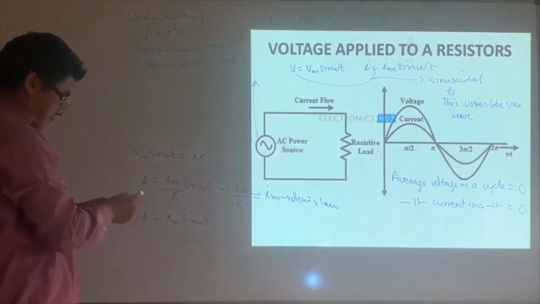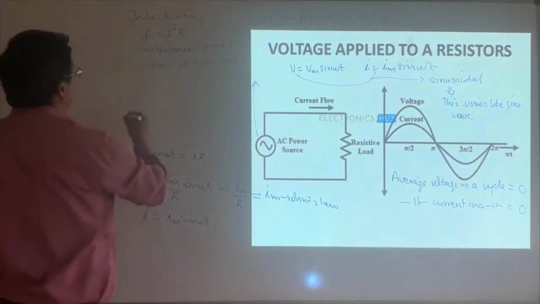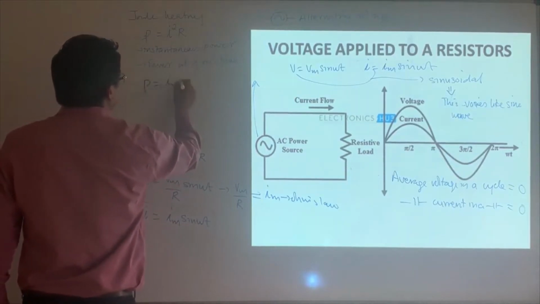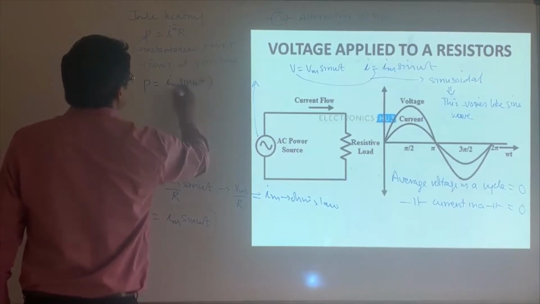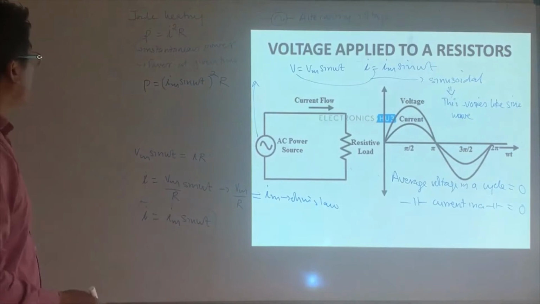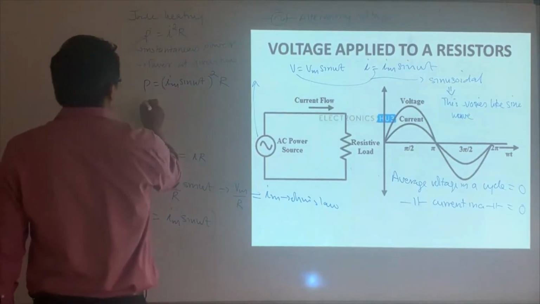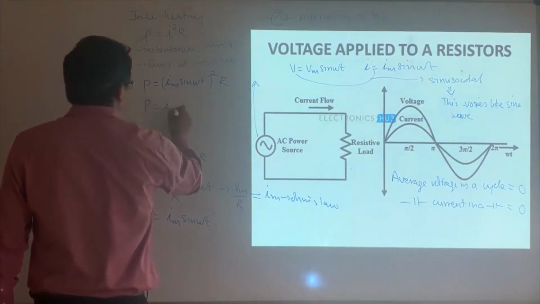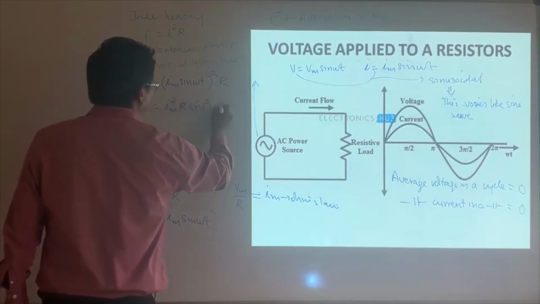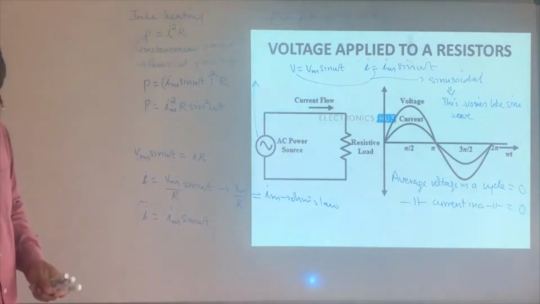Therefore, this is equal to Im sin omega t whole square R. And now look here, this is equal to Im square R sin square omega t. This is instantaneous power.